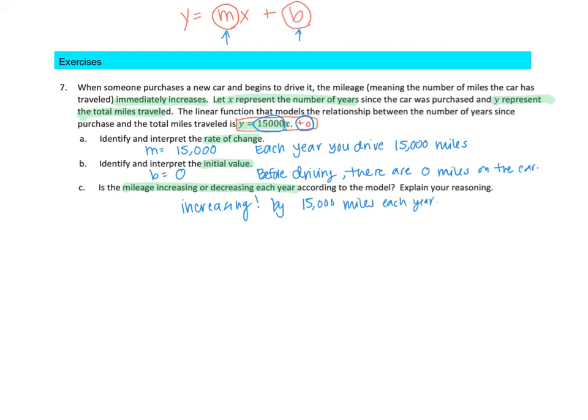You can never go backwards. And what this means is that this is going to be a positive slope. So if we were to graph this, because it is increasing, our rate of change is positive. Okay, please make sure you have this down, and then we're going to move on to exercise number 8.